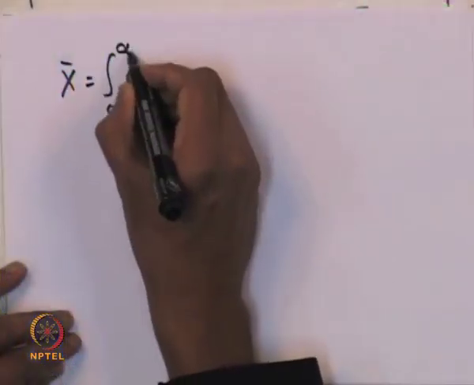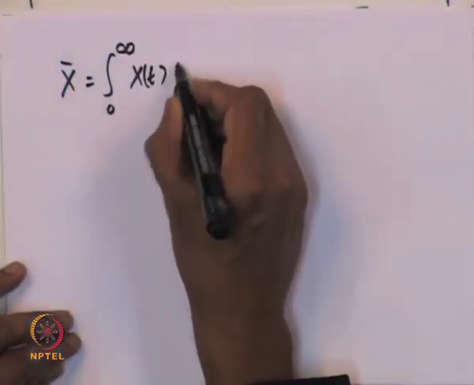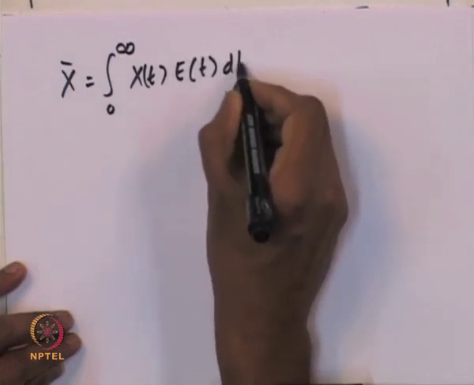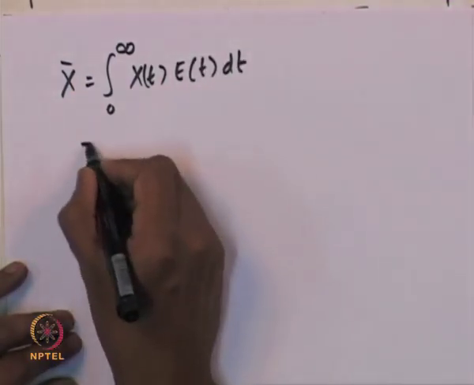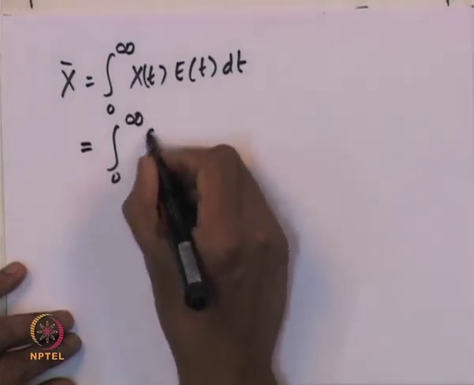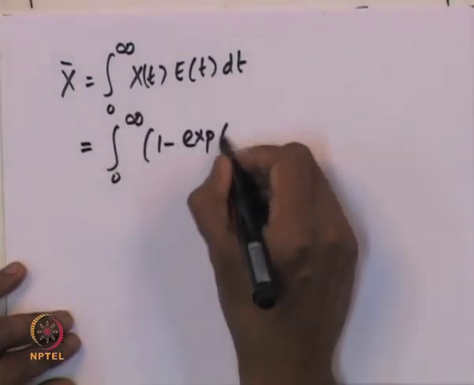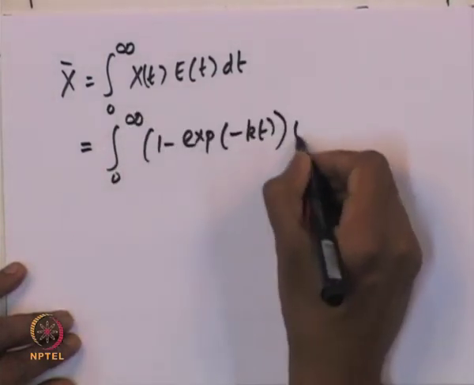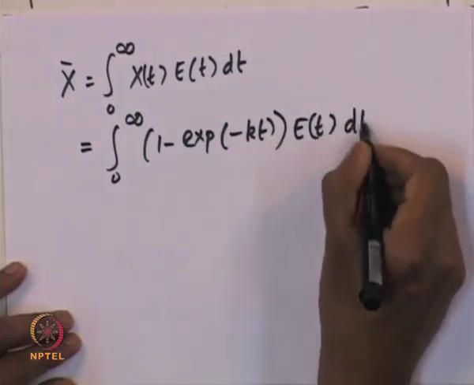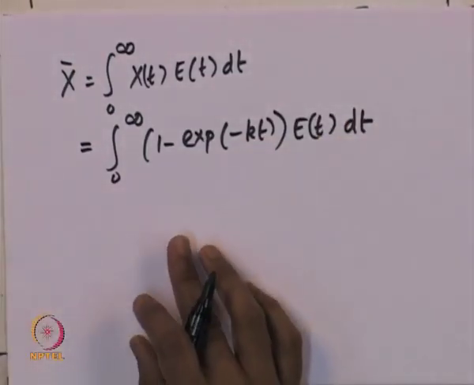So, therefore, x bar is equal to integral 0 to infinity x of t E of t dt, and so that is equal to integral 0 to infinity of 1 minus exponential of minus kt, E of t dt.